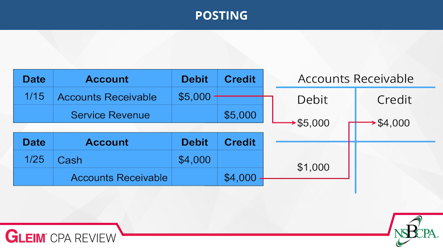Then you find the difference between the total debits and the total credits. 5,000 less 4,000 is $1,000. The balance of the account is $1,000. And since the debit side is larger than the credit side, the $1,000 balance is on the debit side.